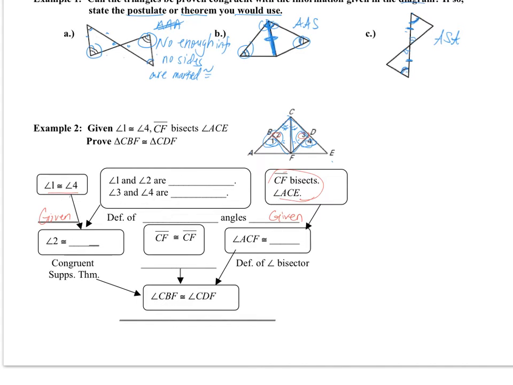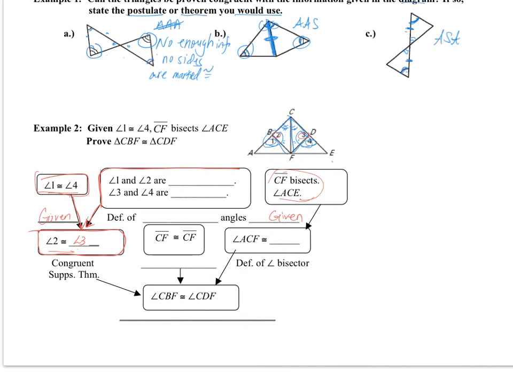So then from this box, I can draw an arrow and create another box and say angle 2 is congruent to angle 3. I can't just state that, I still need to provide a reason.